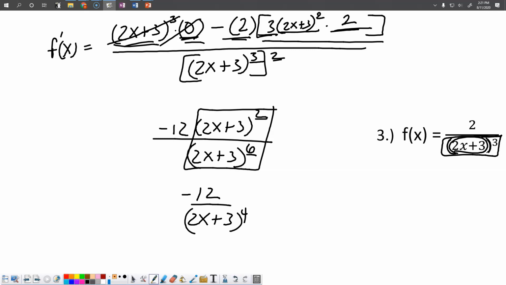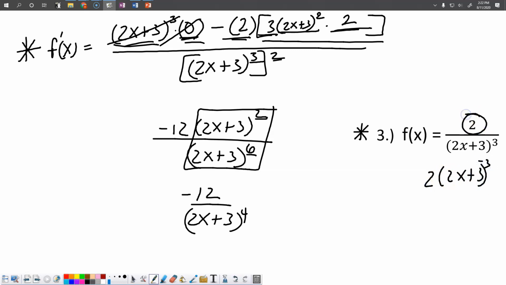Now, the only time that you would want to do the way that I showed you at first on this, well, actually, let me back up a little bit. This is a much more powerful method than what I just showed you, in my opinion, just because it'll always work. For this guy over here, the way I showed you where you rewrite it first like this, that's only going to be, in my opinion, easier if the top is just a number.